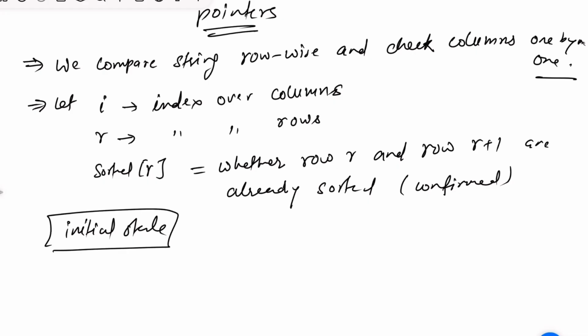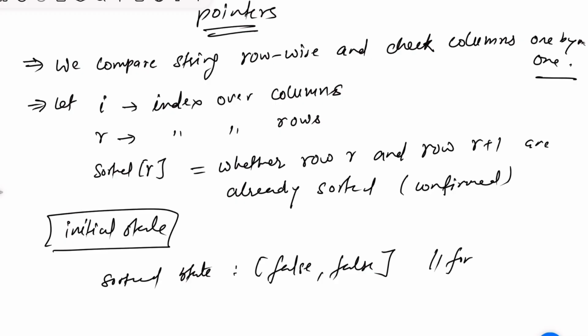Okay, so we have the sorted state, and initially we'll take false, false, but we have to use this for the comparison between rows 0 and 1, let's suppose, and 1 and 2, right? Then we'll take a column that will start from 0.